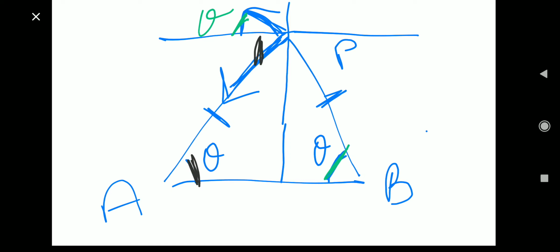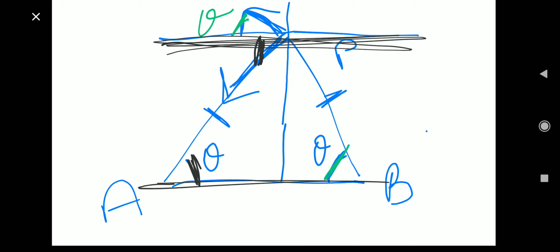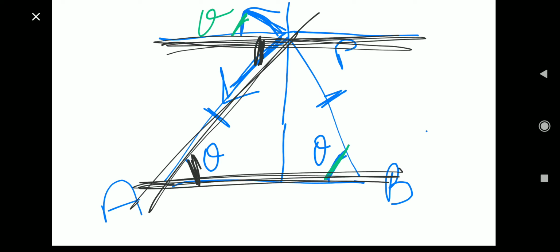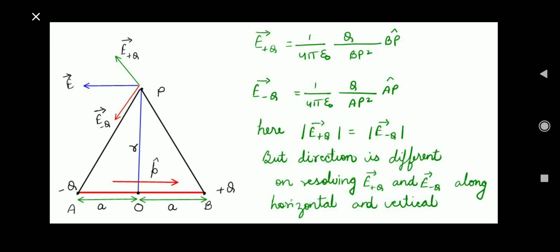Reason is, for the black mark, the angles are interior opposite angles, and where I marked with the green pen, the reason for these two angles to be equal is corresponding angles. As you can see, this line and this line are parallel and this line will act as transversal. So I hope the angles are clear to you. This angle, this angle, this angle and this angle will be equal.